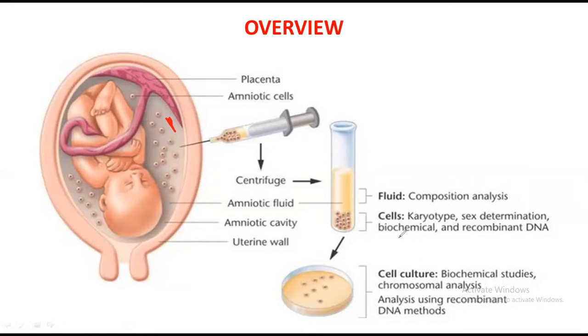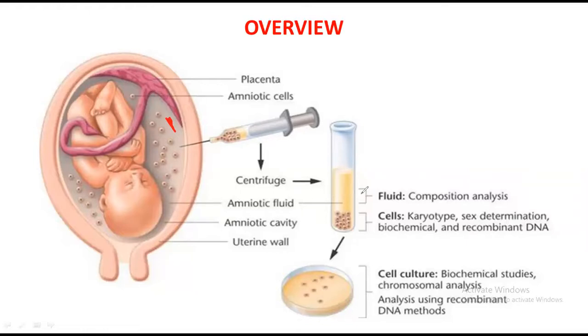We check the chromosomes and the karyotype, we can determine sex, we conduct biochemical tests, and we can also use these cells for recombinant DNA technology. Different results can be obtained from it, depending on the type of experiment and the type of diagnosis we are performing.